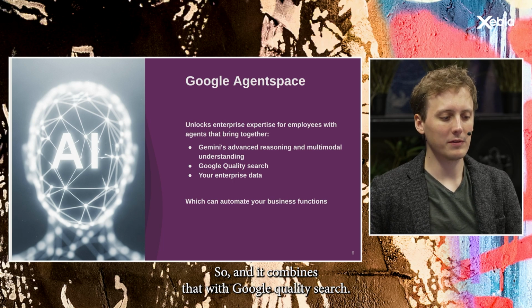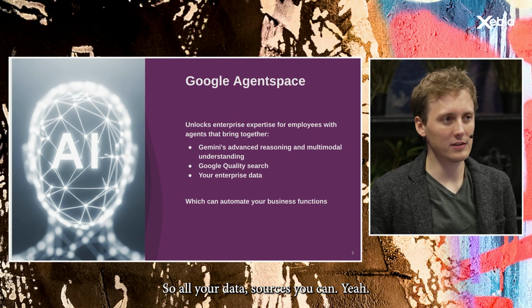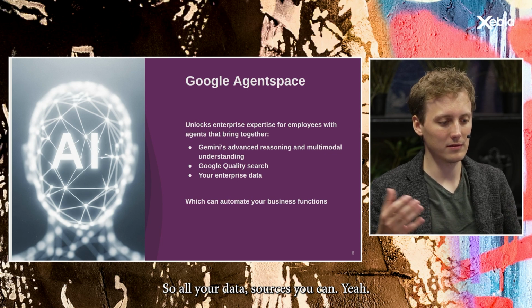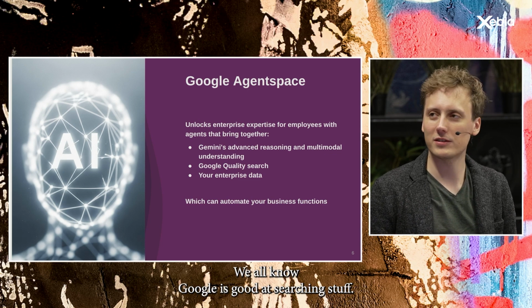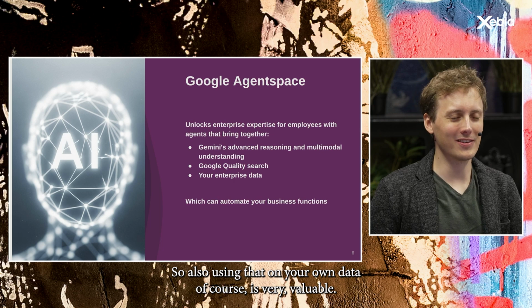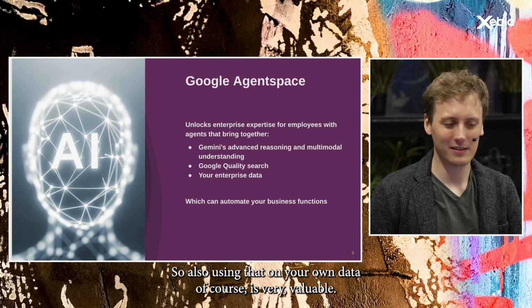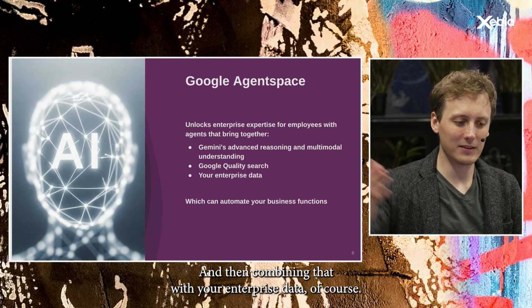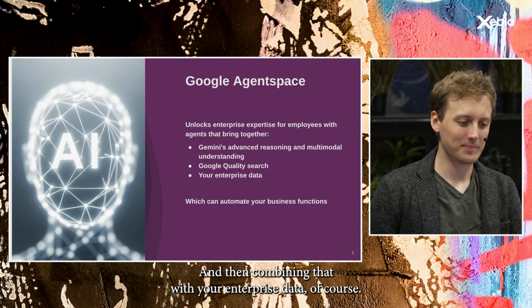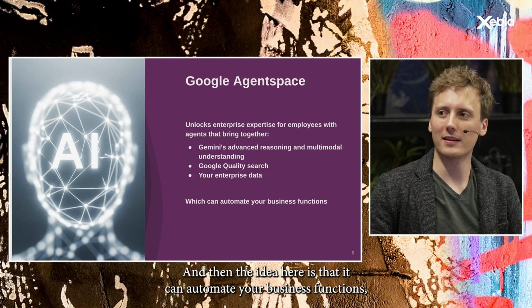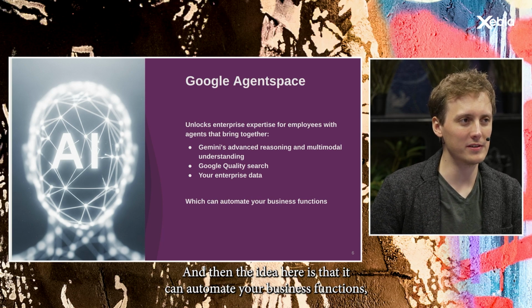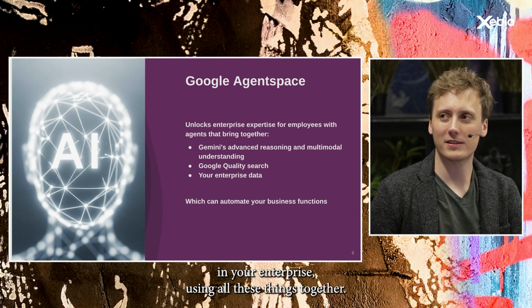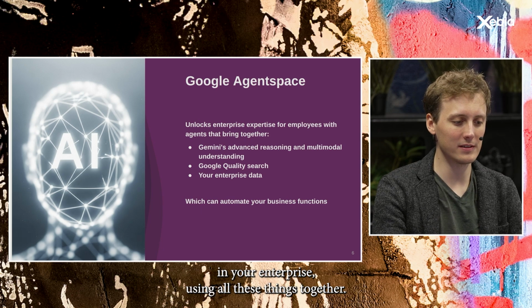And it combines that with Google-quality search. We all know Google is good at searching stuff, so using that on your own data is very valuable. And then combining that with your enterprise data, of course. The idea here is that it can automate your business functions in your enterprise using all these things together.